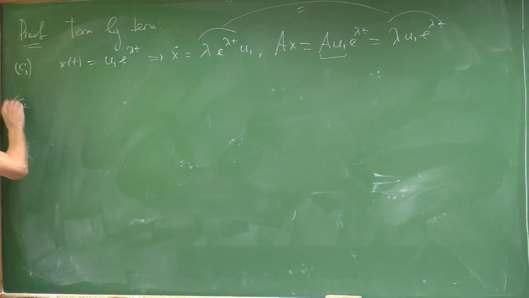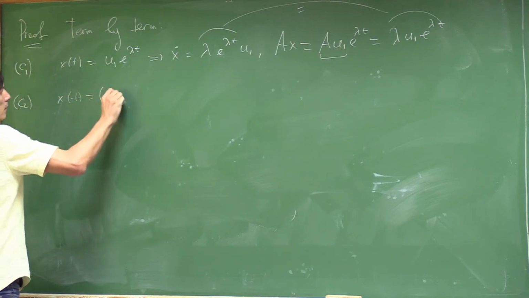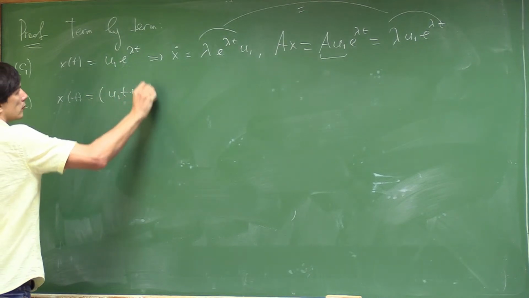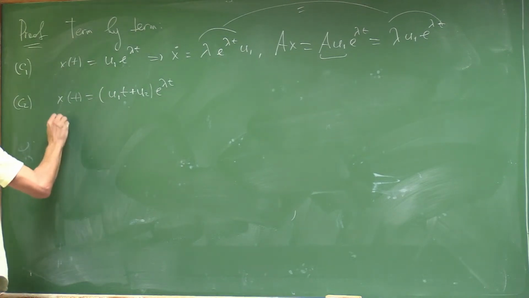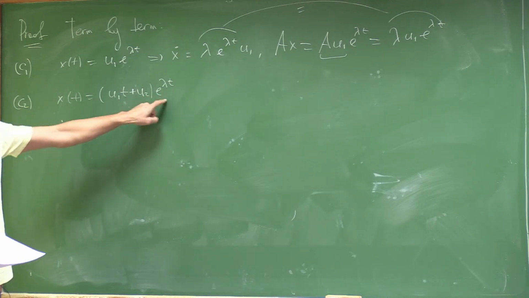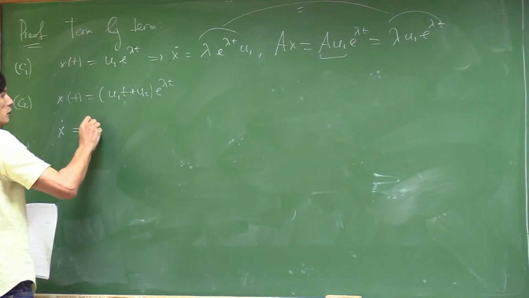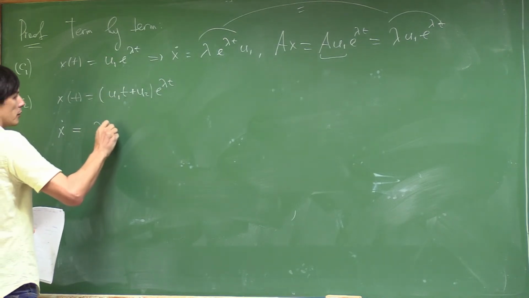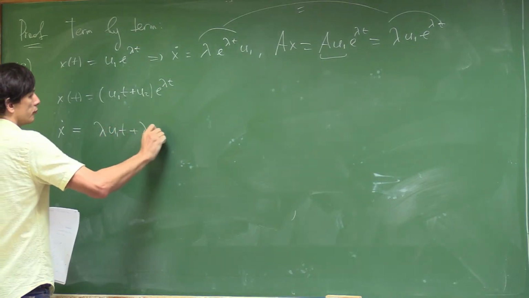Second term. Let's check that this is a solution. Here for x dot, you have t here and t in the exponent, so there are two terms. Differentiating the exponential gives you lambda, so it will be lambda u1 t plus lambda u2.